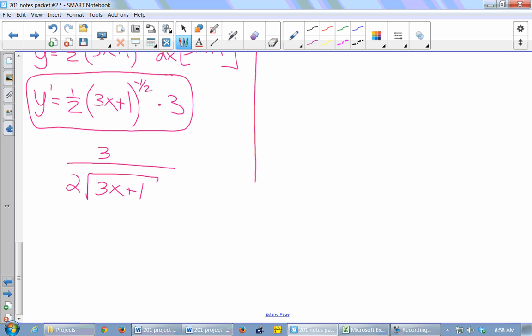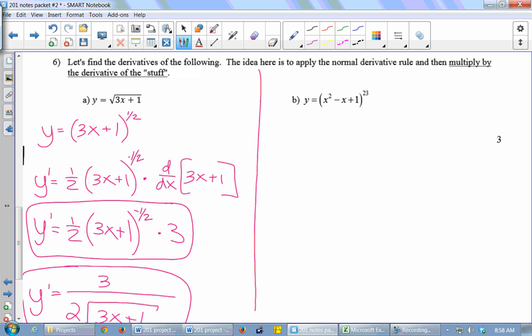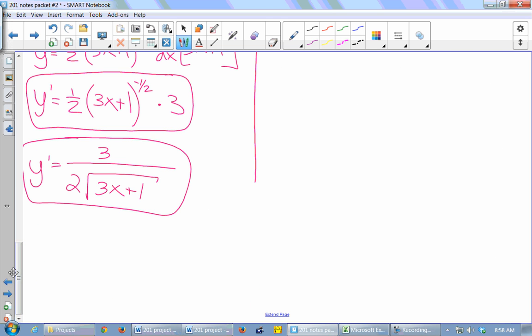Because that's to the negative 1/2, which means it would belong in the denominator, and you rewrite it as a square root. In this case, my rule of thumb says I should have simplified this. My rule of thumb is if you can simplify it in like 1 or 2 moves, you should do it. Otherwise, just leave it. So this one I would have simplified. But the simplification isn't the really important part. I want to emphasize the chain rule.